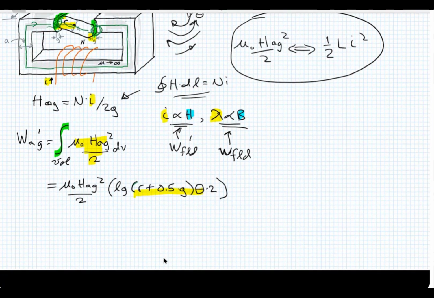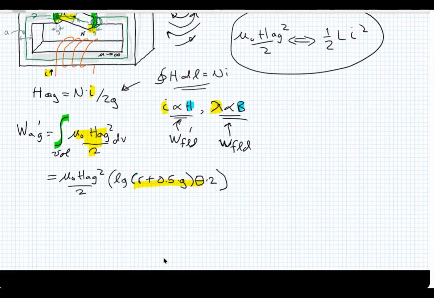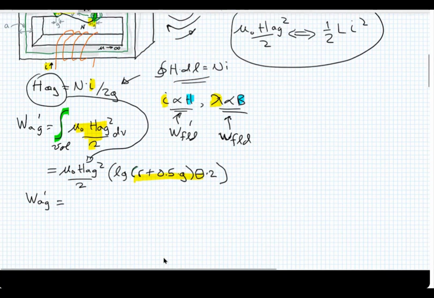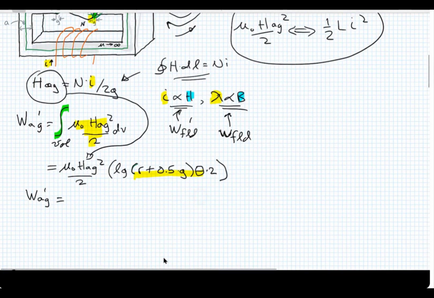So now you just have a co-energy expression. If you were to multiply everything out for the co-energy, we're going to take this expression here, H_ag, and plug it in here. That means we'll end up with the turns and the current and everything else.